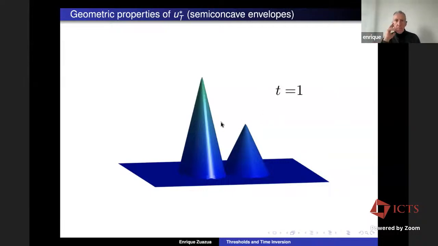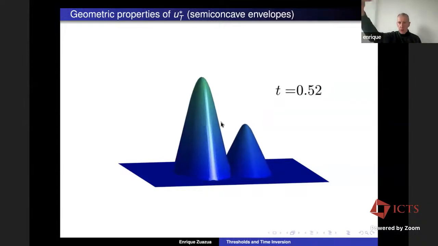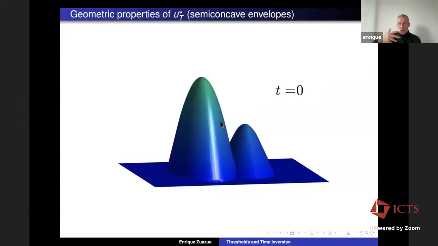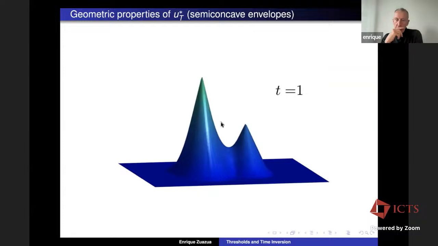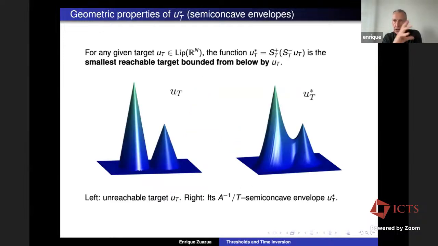So I do it, and this is what you see. Backward resolution, from t = 1, I go up to t = 0. This is the initial datum I get. Now I solve forward, and this is what you see. Precisely what is indicated here in a static manner. Okay?